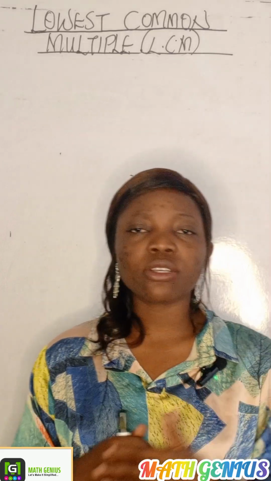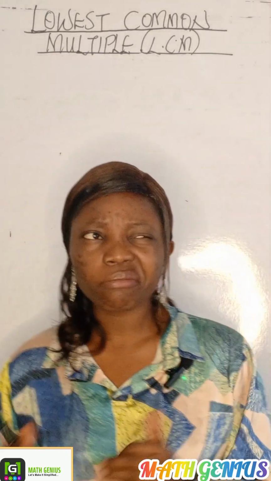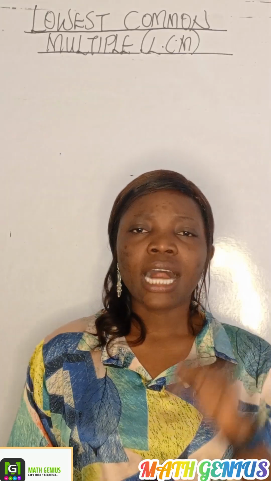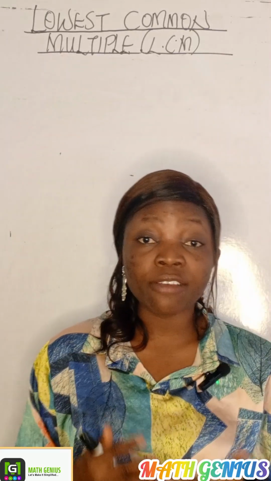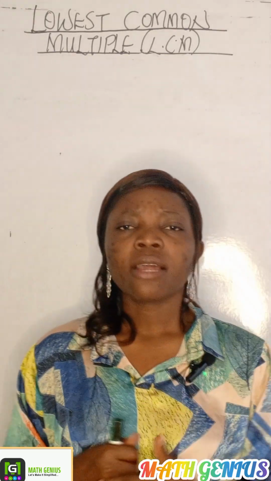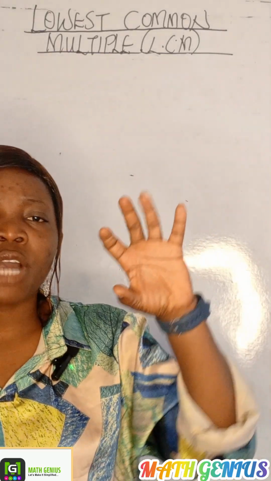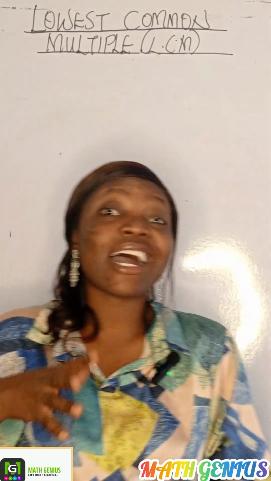Now, the multiple method is the easy method for grade 3, grade 4, and grade 5 a little bit, and the prime factor method is more convenient for grade 5 to grade 9. I mean, from 5 to JSS3. This is because the multiple method is not too convenient for large numbers.